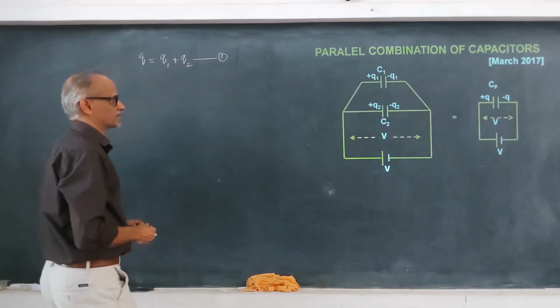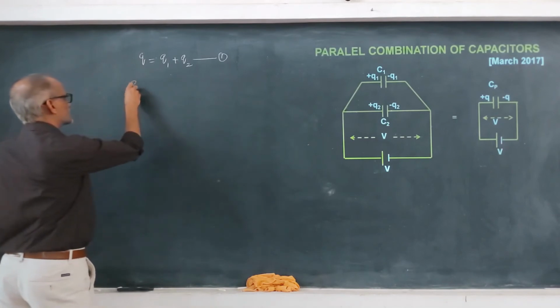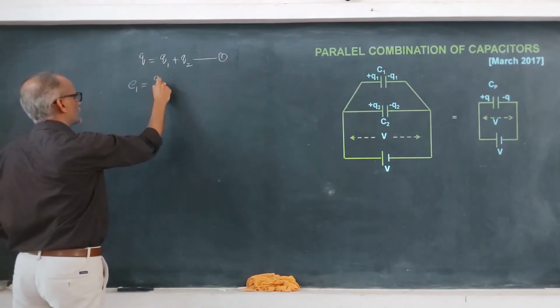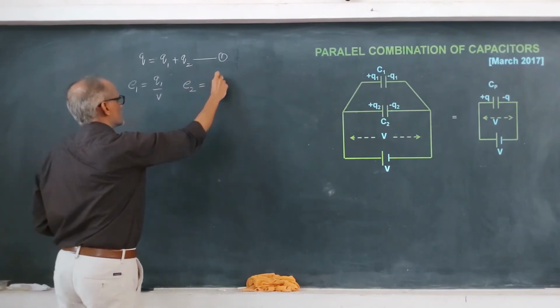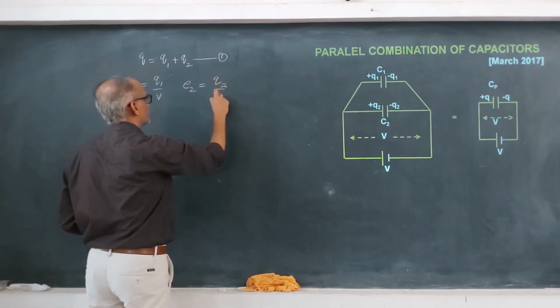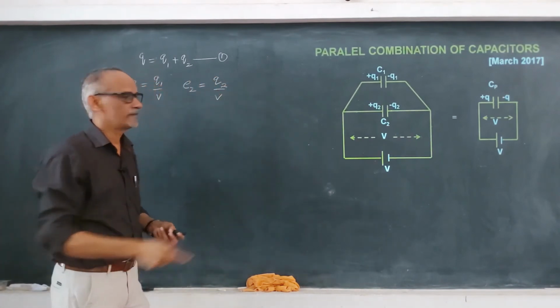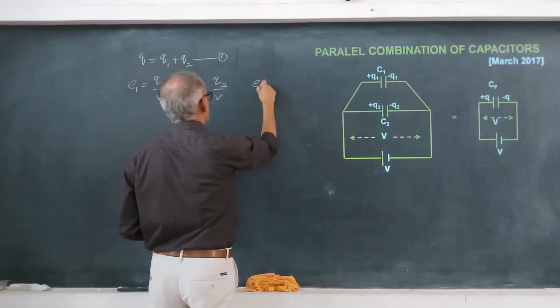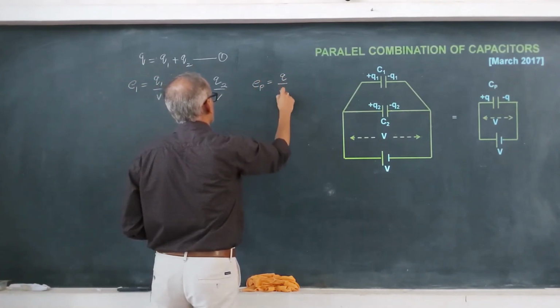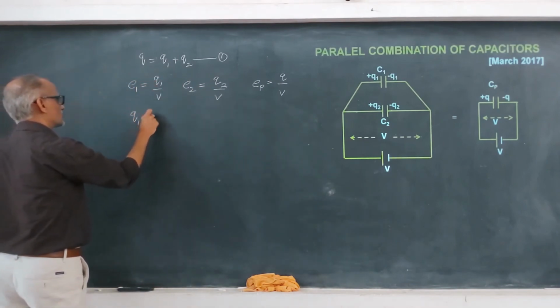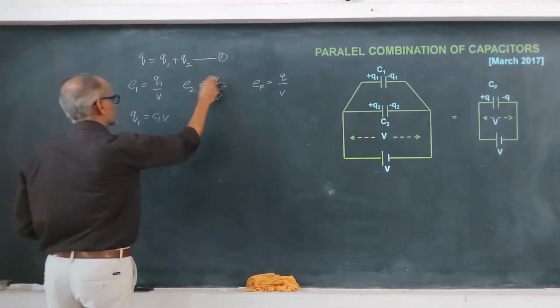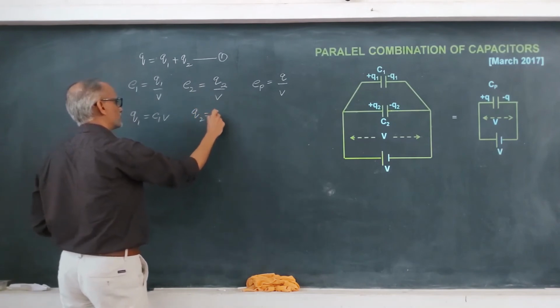So now refer the first capacitor. C1 is equal to Q1 by V. See the second capacitor, C2 is equal to Q2 by V. Refer the equivalent, Cp is equal to Q by V. So from this I can write, what is Q1? Q1 is equal to C1V. What is Q2? C2V.